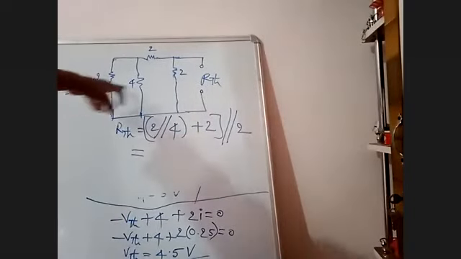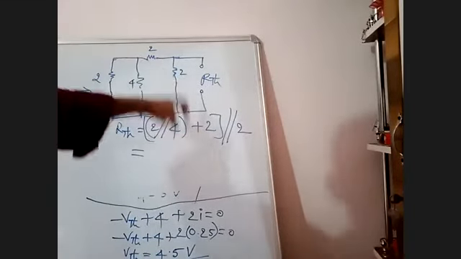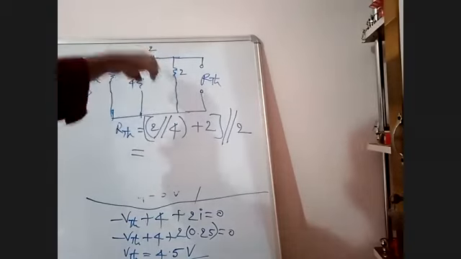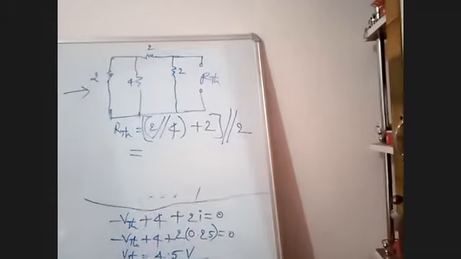This 2 and 4 are parallel. That parallel combination is in series with 2. Again, this entire combination is in parallel with 2.